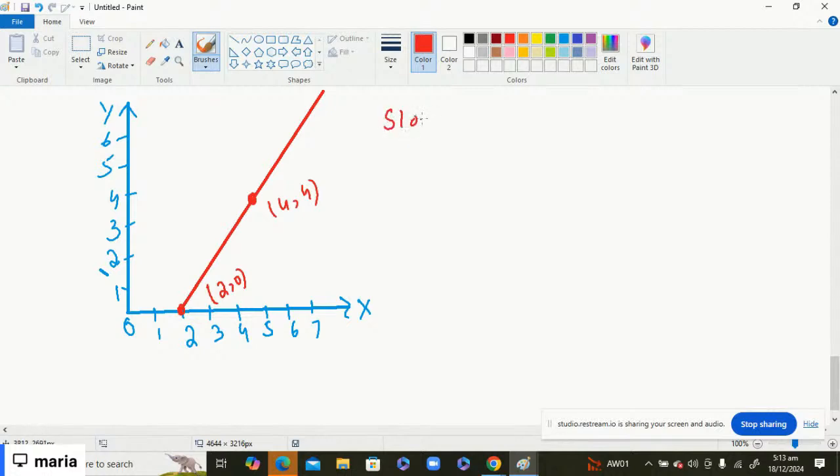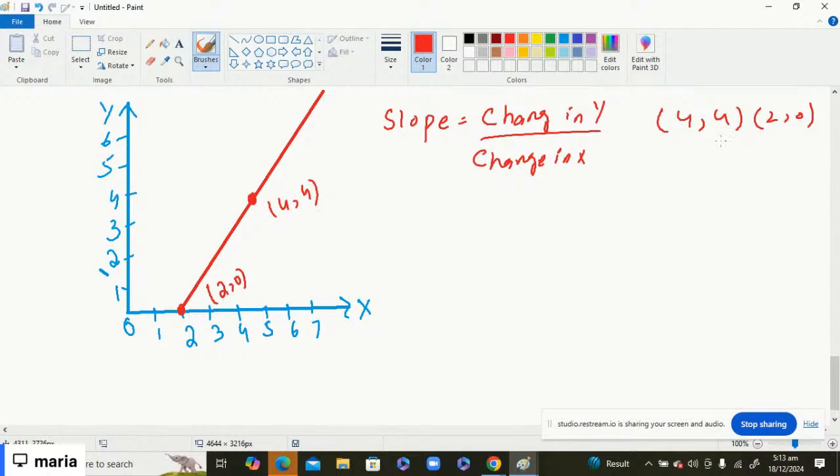Let's find the slope. So here is change in y over change in x. The first point is 4, 4, the other point is 2, 0. This is x1, y1, x2, and y2.